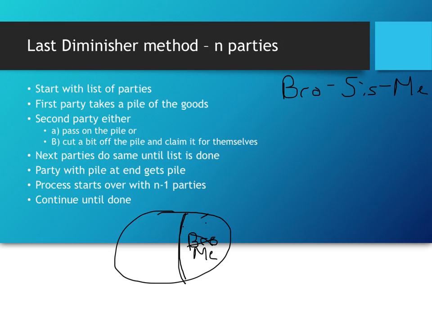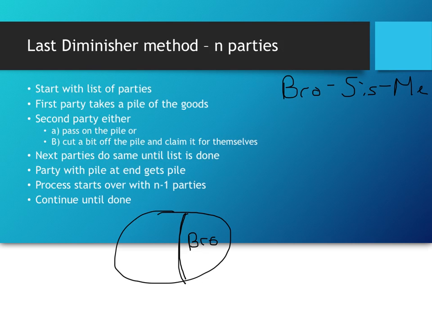And by the way, I also have the option to pass. So if my brother claims this amount, and my sister passes and I pass, then my brother gets it, and then my sister and I are doing the same thing on this. Okay?